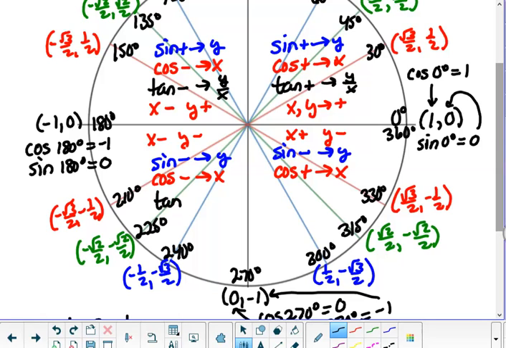Tangent is positive in quadrant 3 because it is a negative divided by a negative, which is a positive. In quadrant 4, tangent is negative because it is y over x, and in this case y is negative and x is positive. So tangent goes positive, negative, positive, negative.